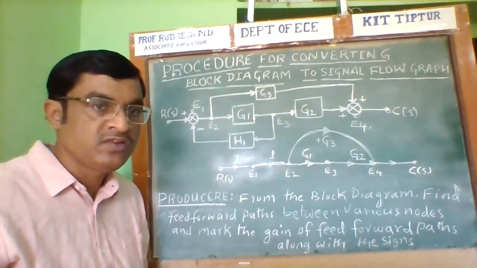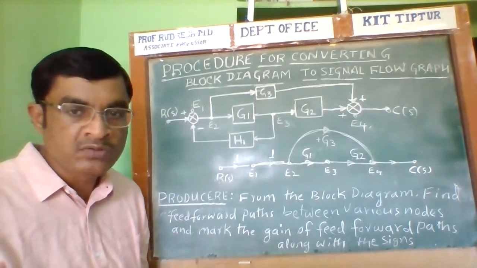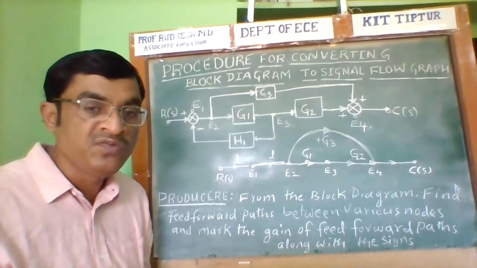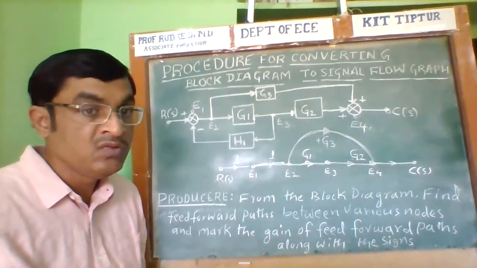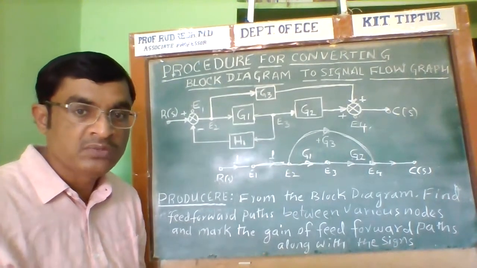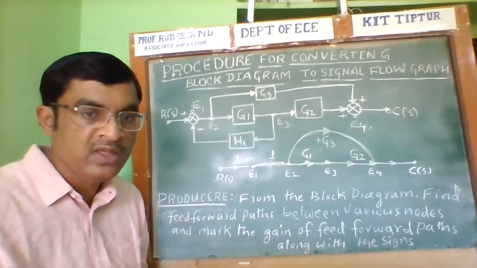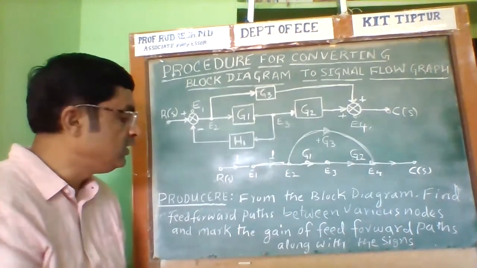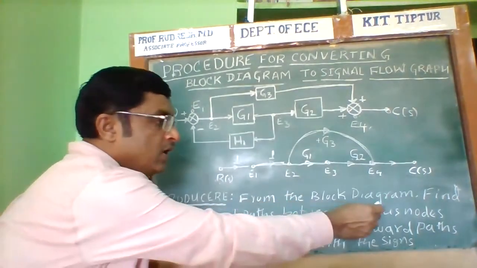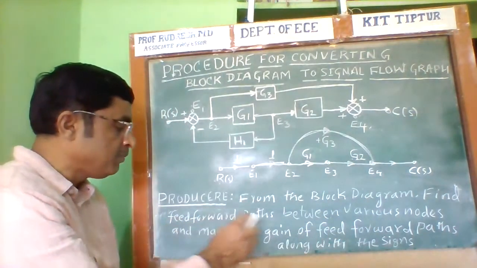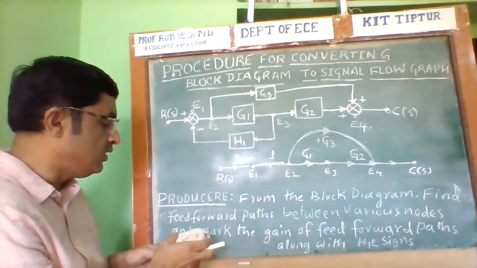Similarly, in the next step, from the block diagram, find the feedback path between the various nodes. Find the feedback path instead of the feed forward path.